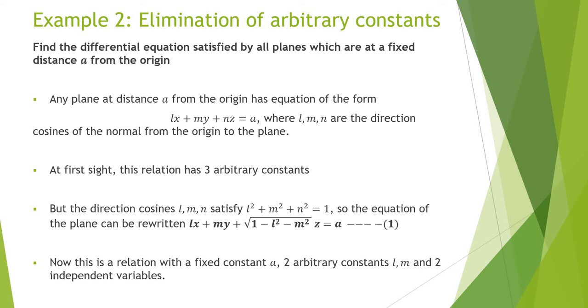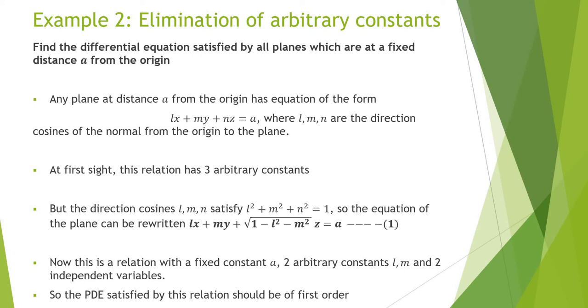Now this relation is with a fixed constant a, just the two arbitrary constants L and m, and two independent variables x and y. Since there are two arbitrary constants and two independent variables, the number of arbitrary constants equals the number of independent variables.